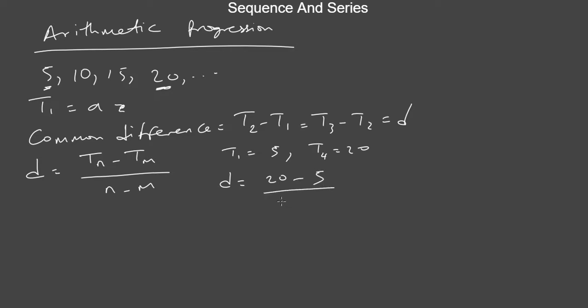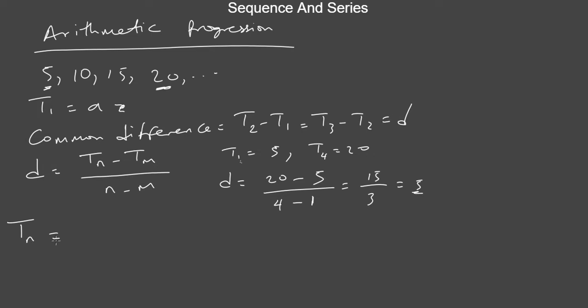Then I divide by 4 minus 1, which is the number of steps. So if you take this difference, you get 15 divided by 3, and that will give you 5. So this is a very interesting formula for calculating the common difference, given that you know any two terms.